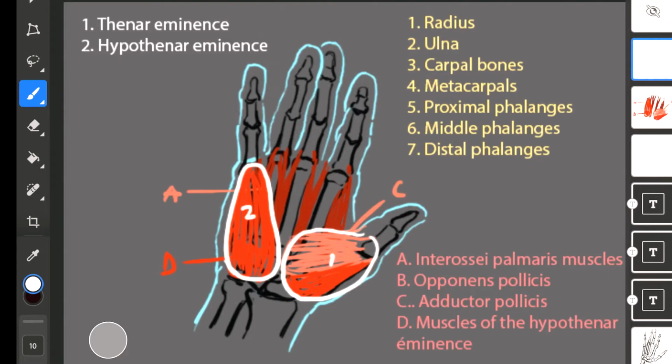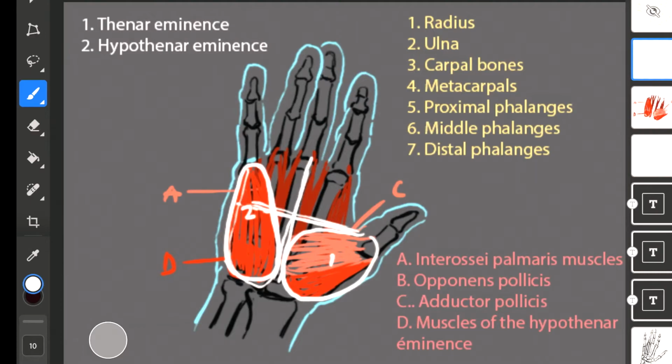If you look at their location, the thenar and the hypothenar eminence start at the halfway point at the thumb. And then the thenar eminence runs to the middle point of the palm of the hand. So it occupies the lower right quadrant of the palm of the hand. The hypothenar eminence occupies the entire left quadrant of the hand, both the upper and lower quadrants on the left side.